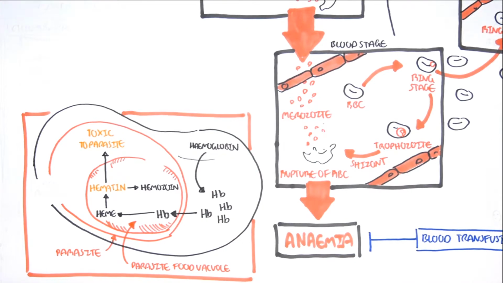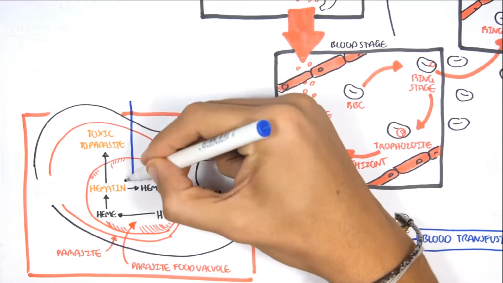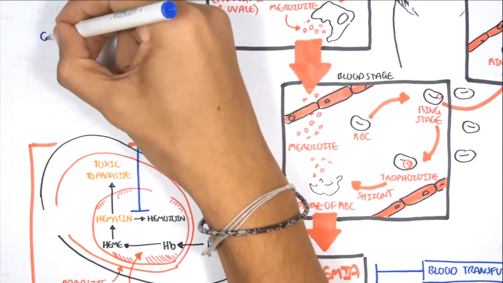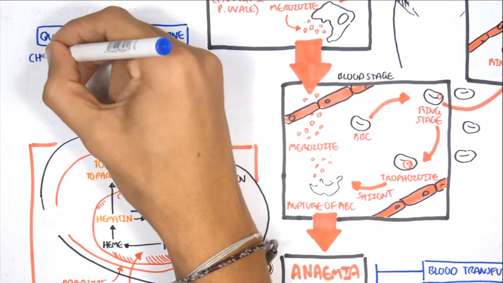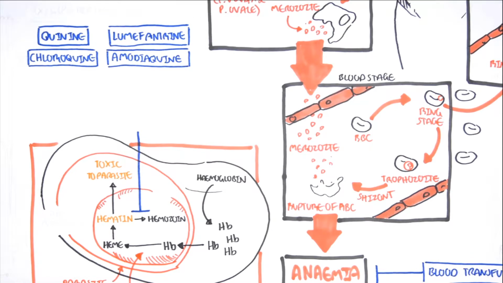So now, the drugs under the quinolines actually target this conversion from hematin, which is toxic to the parasite, to hemozoin. These quinolines I'm talking about are quinine, lumefantrine, chloroquine, and amodiaquine.